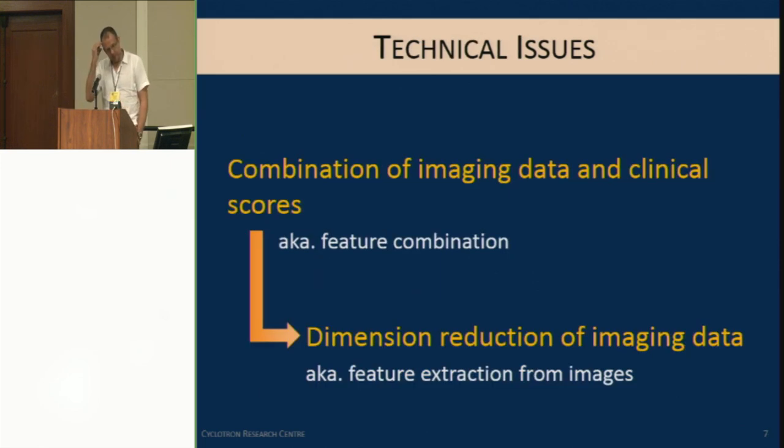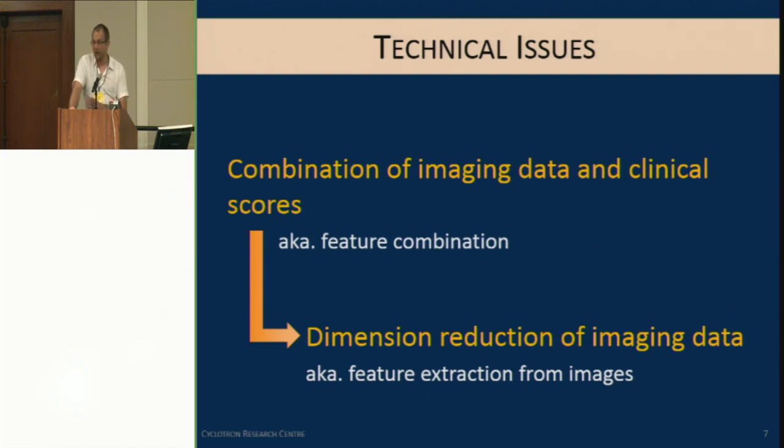So, regarding the technical issues I want to address in pattern recognition, there are two things that I want to cover, and we did that with a former postdoc in the lab using those clinical data: the combination of imaging data and clinical scores, and the dimension reduction of imaging data. The reasoning is that doctors base their diagnosis on observing the images, but they're also using all their clinical and neuropsychological scores.